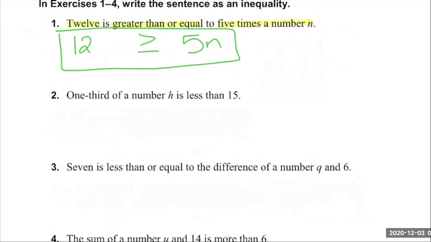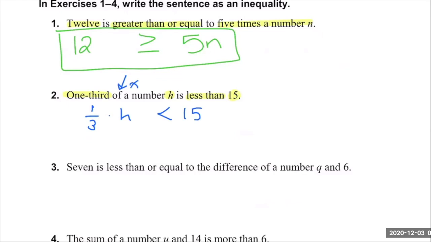So again, I'm going to do the same thing. 1/3 of a number h is less than 15. So there's a couple ways we can go about this one. So I have 1/3 of. Of means multiplication. So I'm going to have 1/3 times my h and then less than 15.